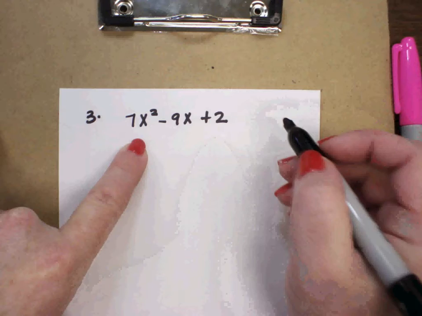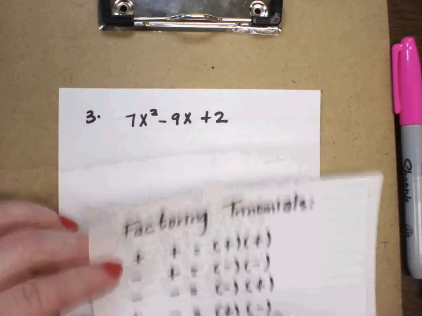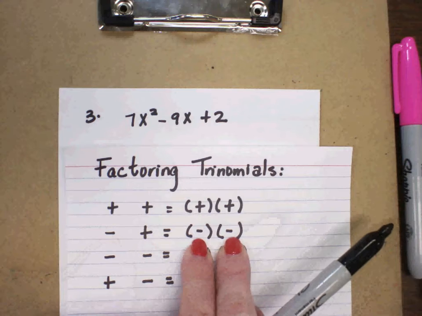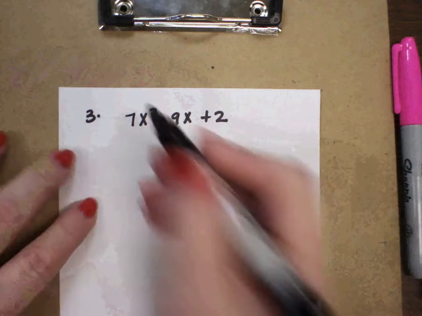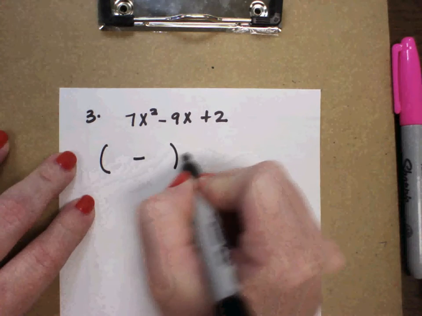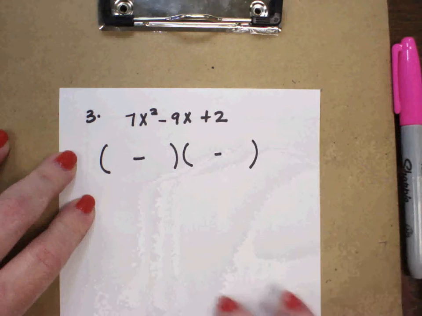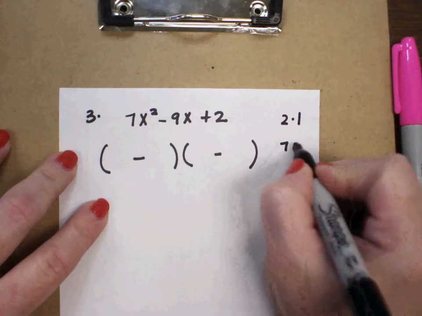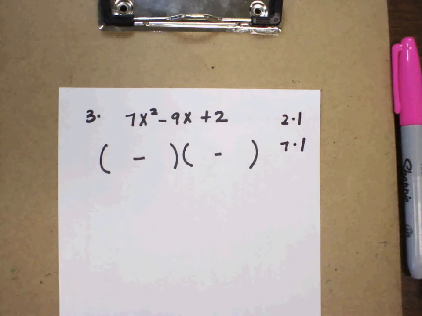So I need a 9. Seven times 1, and then that will be 7 plus 2, which is 9. Very good.